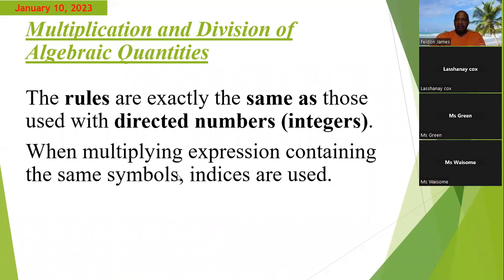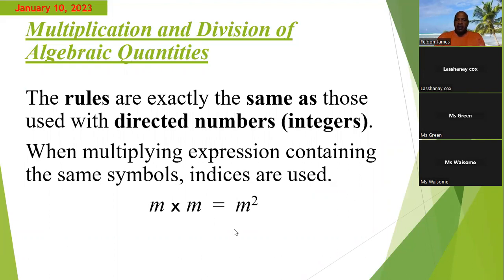Well, we are referring to the same thing here. When you're dealing with the same symbol, meaning you have the same base, you apply the rules that you learned from indices. For example, if you have m times m, you apply the same rule for indices. So you raise m to the second power.